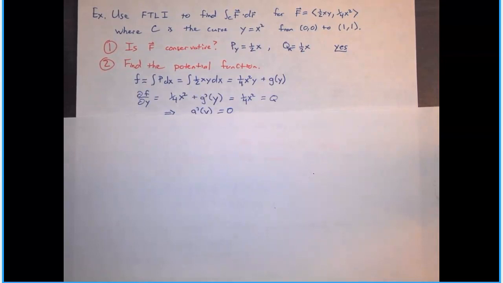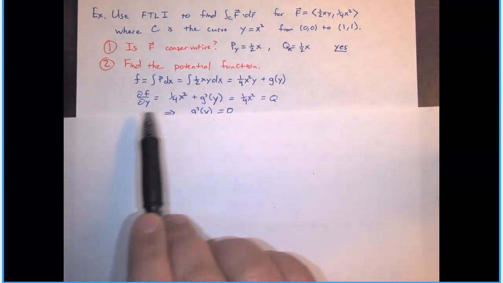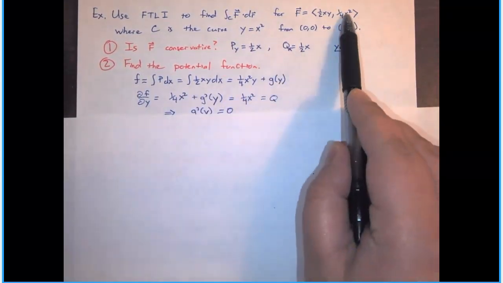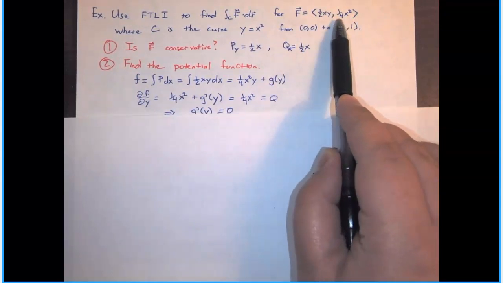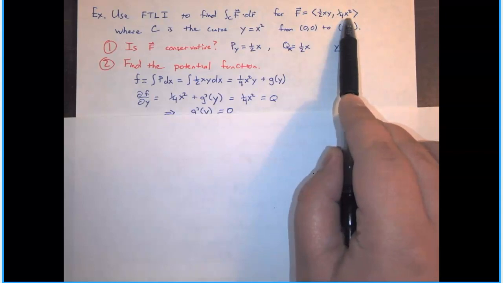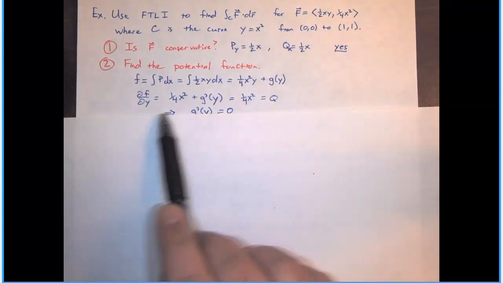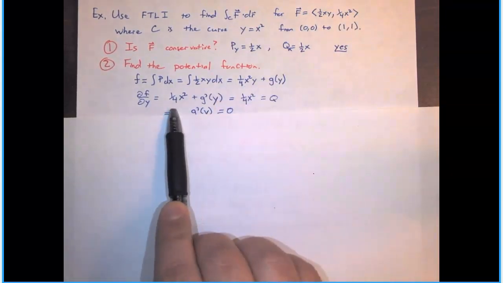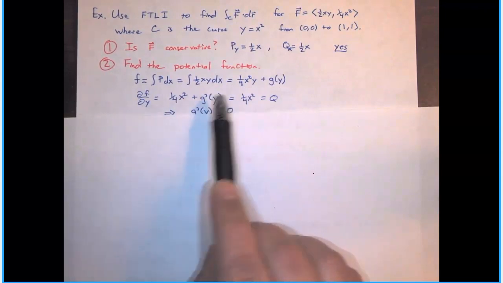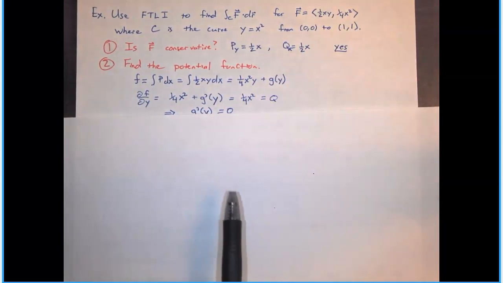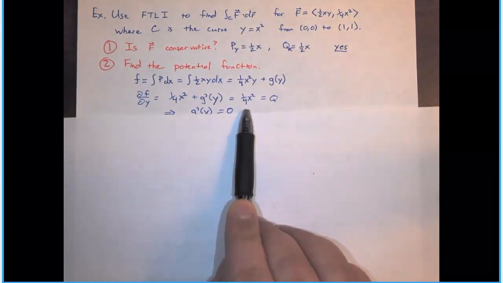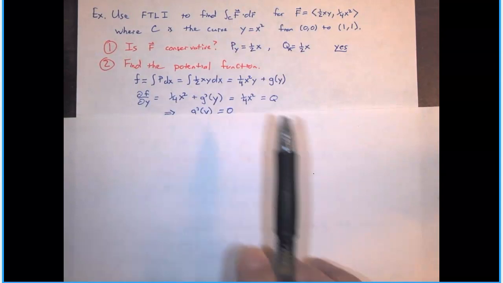Now I take a partial derivative of what I just found with respect to y, and that should be the same as the second component of my vector field, because this is going to be the gradient of lowercase f. So I take a partial derivative with respect to y, that gives me 1/4 x squared plus g prime. Since this is just a function of y, I set that equal to the second component of F, which is 1/4 x squared, and then I solve for g prime of y.